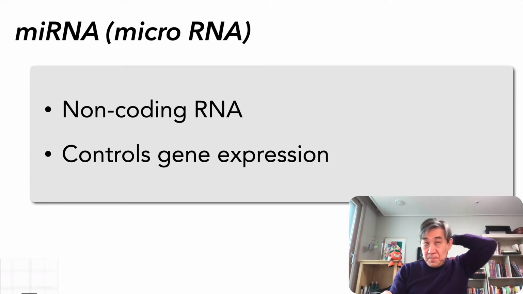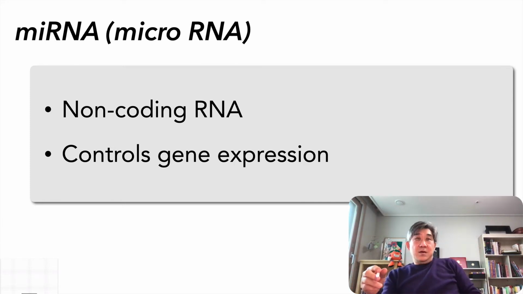So these are very recently recognized and characterized, and it turned out that these newly identified RNAs are equally important in terms of their functions as those 3 more classical RNAs that we used to know.